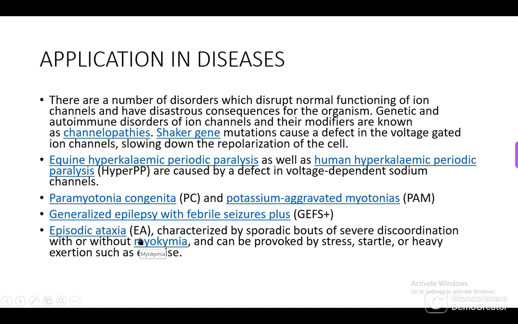Episodic ataxia is also an example: bouts of severe incoordination with or without myoclonus. Myoclonus means localized twitching, for example of the facial muscles, and can be provoked by stress, startle, or heavy exertion such as exercise. This episode occurs because of the channelopathy.